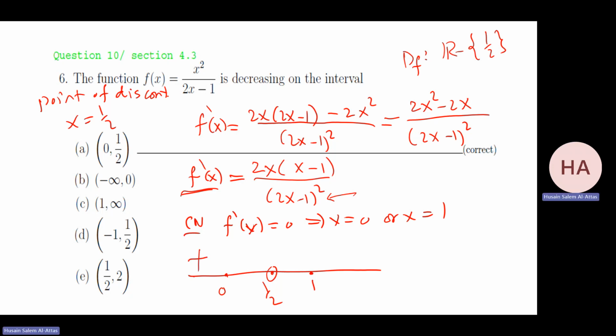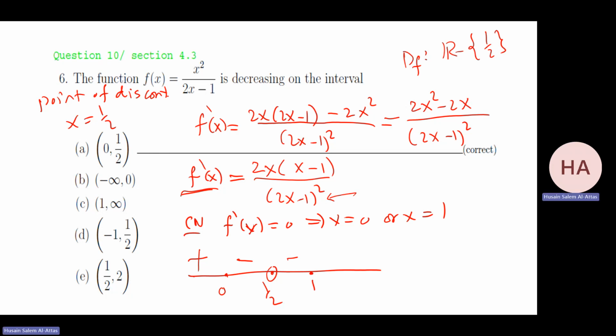Between 0 and half, we'll take a value between 0 and half. Take, for example, 1 over 4: positive, negative, so that will be negative. Between half and 1, I will take a value 3 over 4. It will be what? Positive, negative, negative. That will be negative.